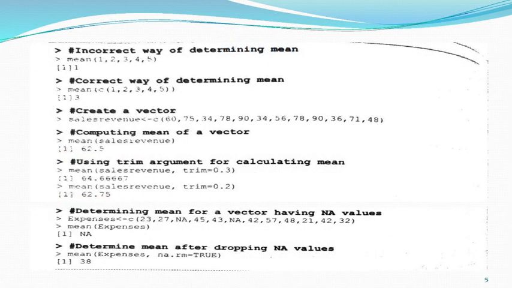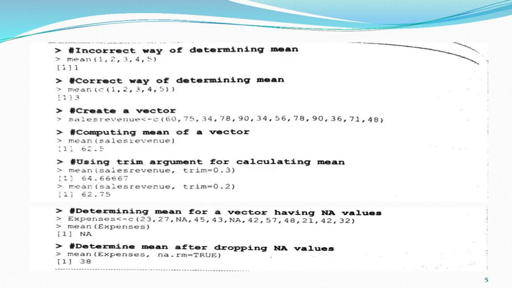This slide shows some examples of using the mean function. The first command, mean(1, 2, 3, 4, 5), returns the incorrect result as 1, because mean calculates only for a vector. Since the command is not a vector, only the first number is returned. The second command calculates the mean of all the values in the numeric vector correctly.